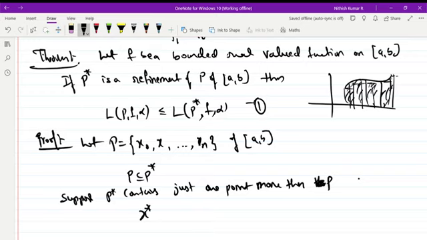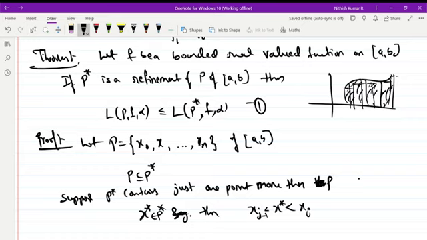Since it is not in P, it must lie between two points of P. So x star lies between, say, xj minus 1 and xj. It will not be equal to xj minus 1 or xj because x star is not in P.